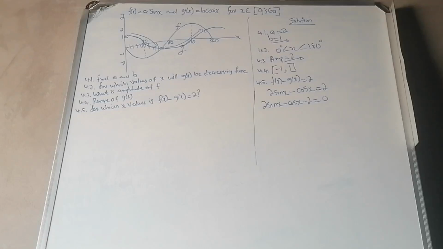f of x minus g of x is greater than or equal to 2. You want to create it so that you factorize it.